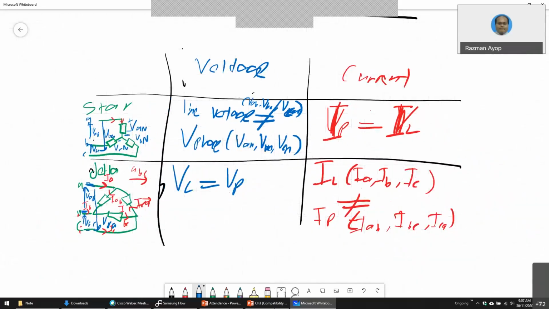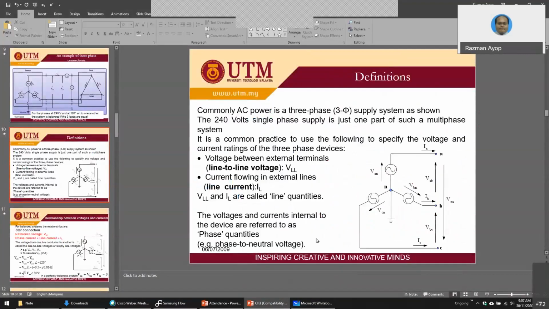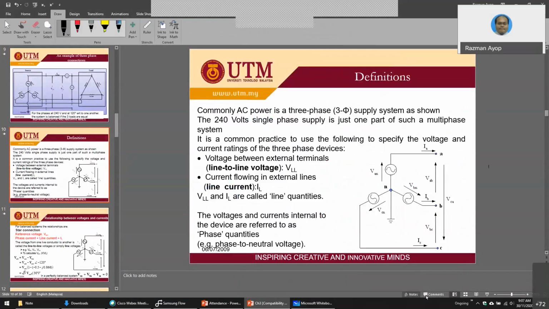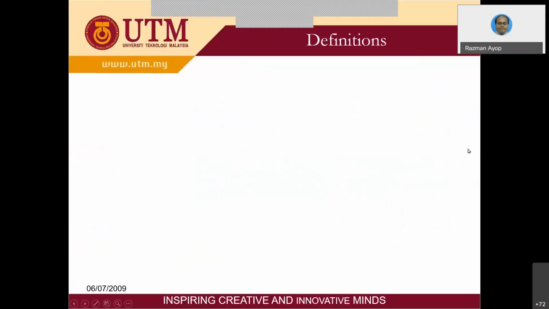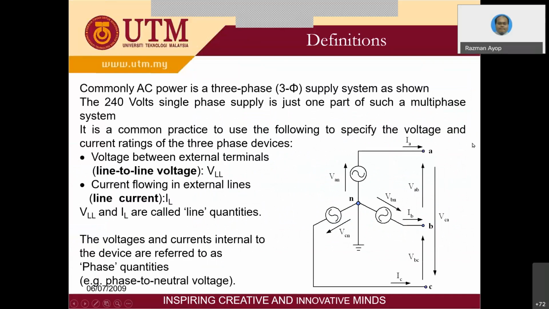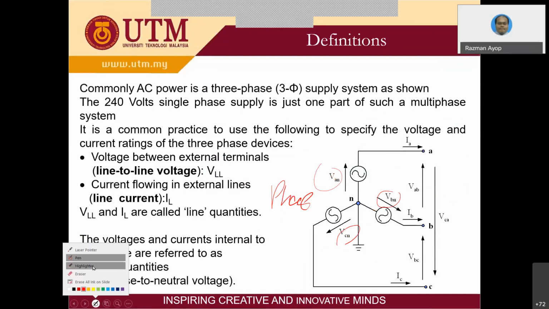Okay, we continue. So basically, this is what I explained before. If you read this, it's basically what I have explained. This one is phase, this one is phase, and this one is phase voltage.